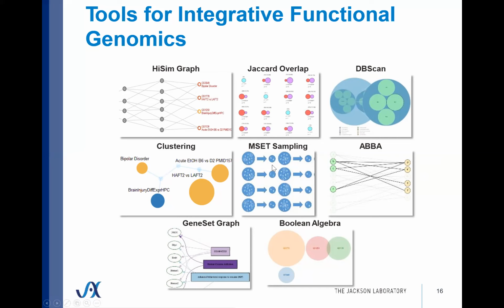There's MSETs written by Michael Saul when he was a trainee prior to joining my lab, but we've embedded that tool into GeneWeaver. This allows you to do something which you can't do with gene ontology, which is to test the hypothesis that a specific gene set is overrepresented among your results. So if I want to know, are genes involved in, well, dendritic branching overrepresented in my gene set? I can search for the gene ontology annotated gene set for dendritic branching if it exists. I can find the genes associated with that.